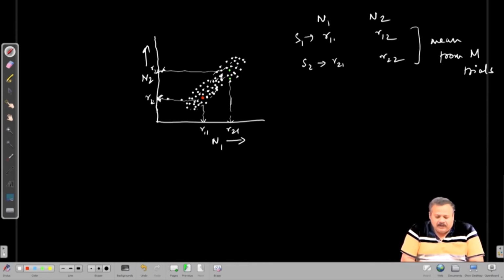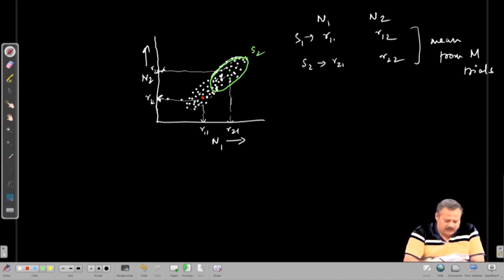Now, if you think about it, the positive noise correlations are important here. Let me make it with the green one here. This is the overall spread of responses to S2, and this is the spread of responses to stimulus S1.